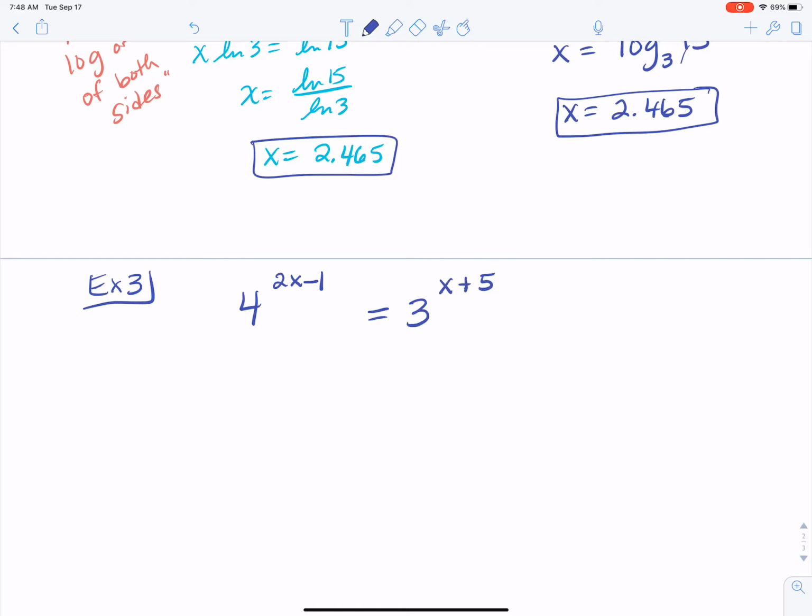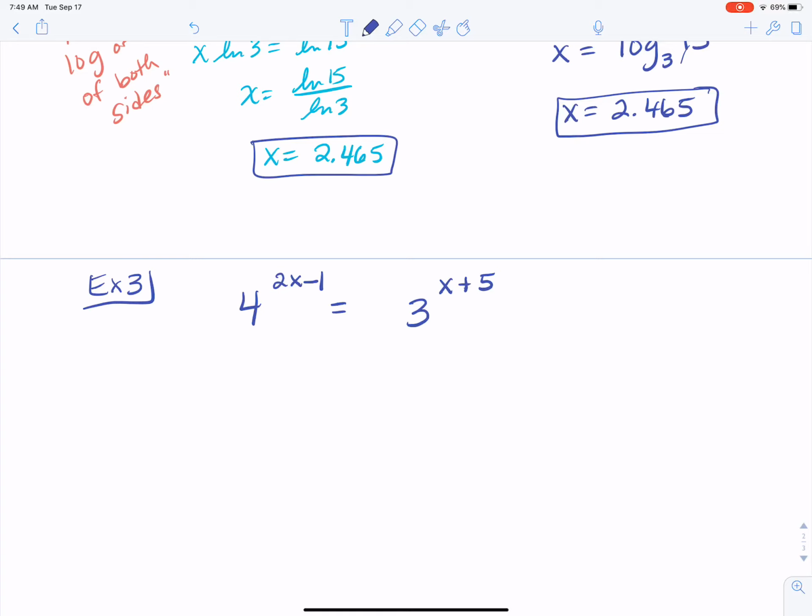All right, so for this one, I'm gonna move my equal sign over a little bit. All right, for this one, when you have exponents on both of your bases, the first thing you want to look for is whether or not you can make the bases match.